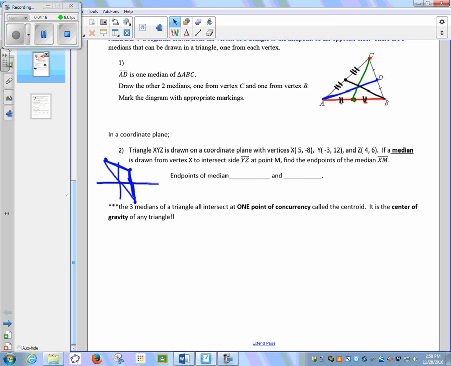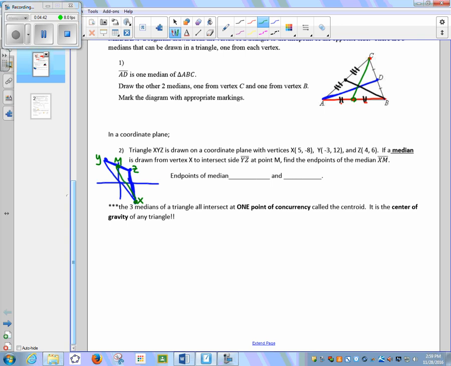Okay. This is X, this is Y, and this is Z. It says if the median is drawn from vertex X to intersect side YZ at point M, find the endpoints of the median XM.